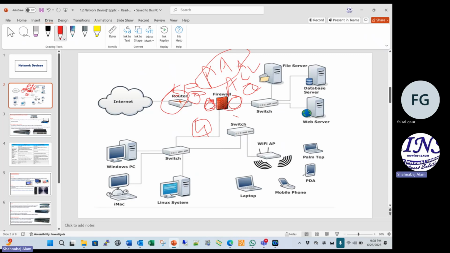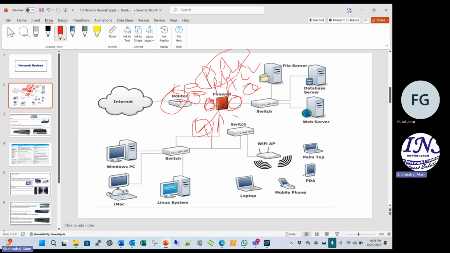We can configure the servers. Suppose I configure triple A security here.